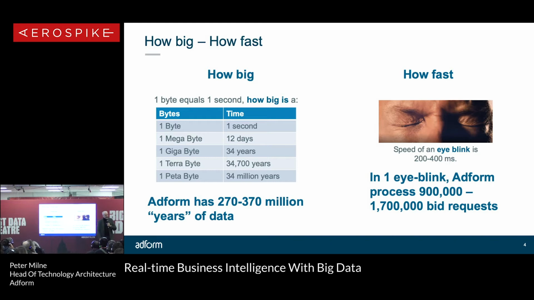And every time you blink your eye, we receive between 900,000 and 1.8 million bid requests. In a second, we do about 7 million of them. So this gives you an idea of how to describe latency, throughput, and scale.